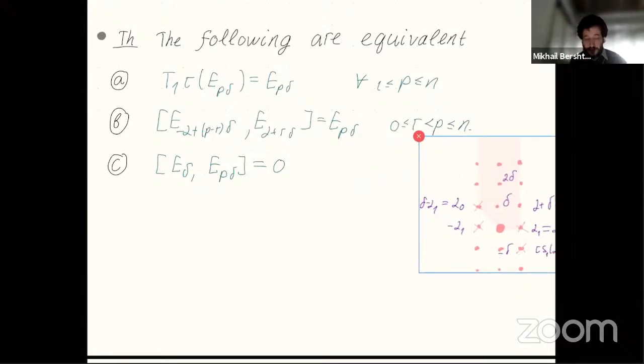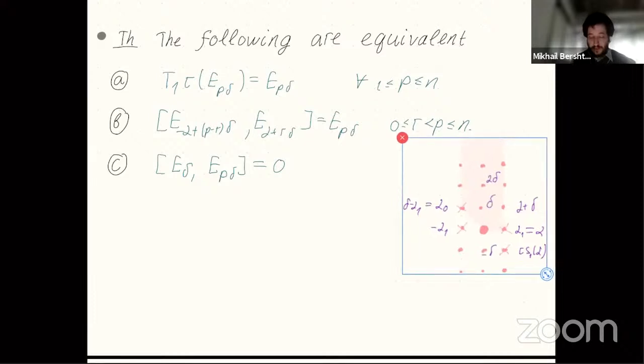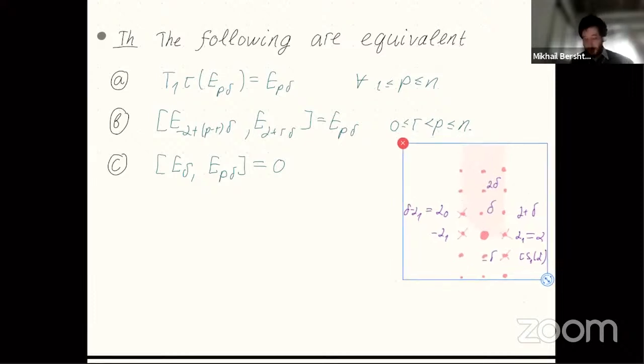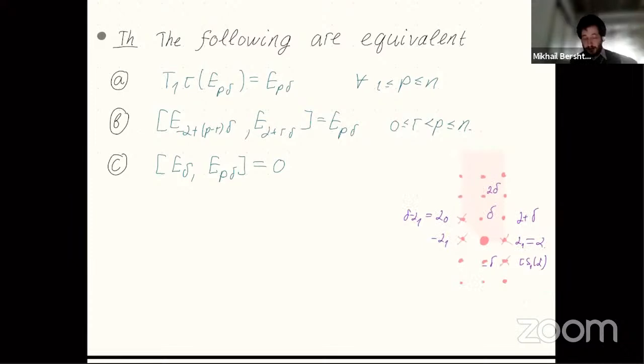This is the first time when we started to talk not just about E delta, but E2 delta, E3 delta, all En delta. The first condition is that the elements which we defined as Q commutators are invariant under the translation. We checked this for P equal 1. The condition A means that they are all invariant.